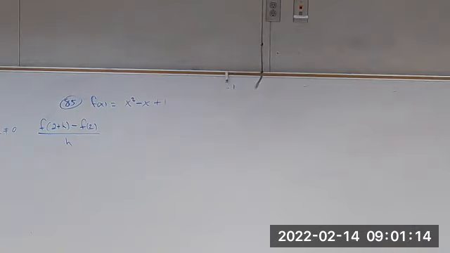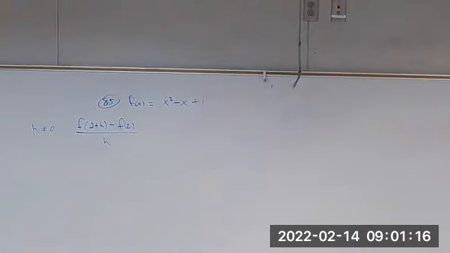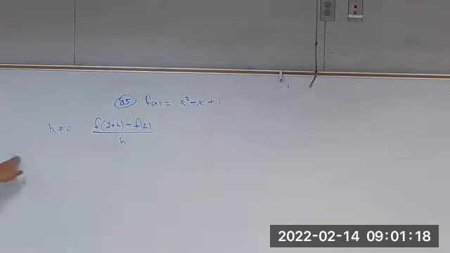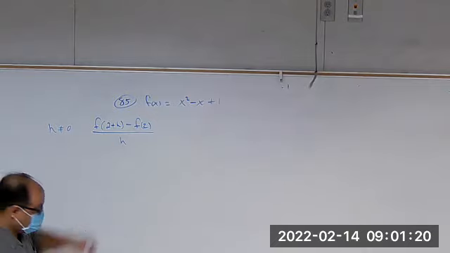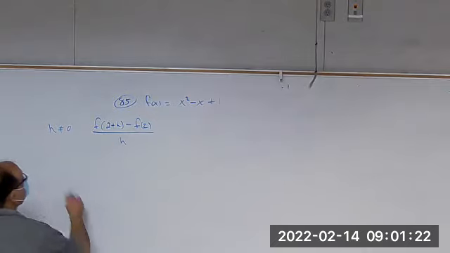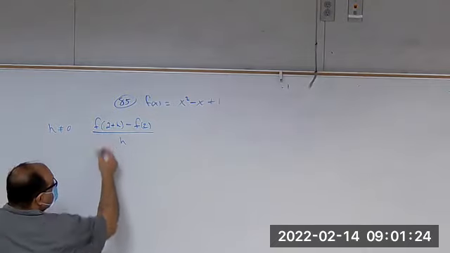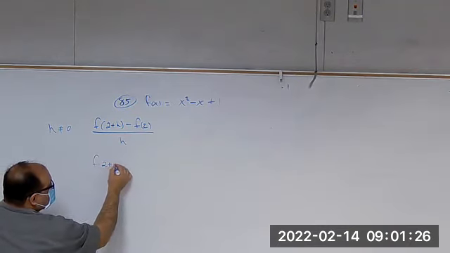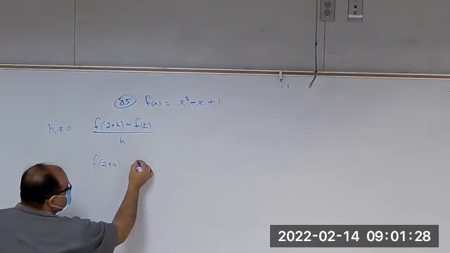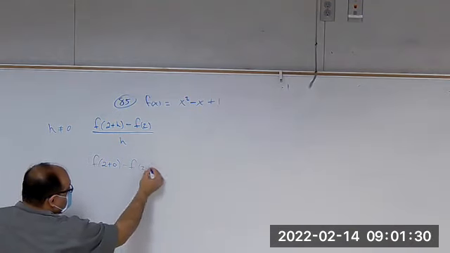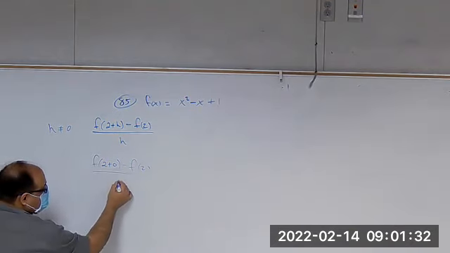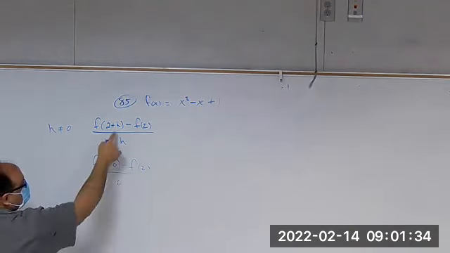As you can see, they do put the condition on there. H cannot equal 0 because if it does, look what you get. If you let h equal 0, 2 plus 0 minus f of 2, all over h, which would be 0 if I plug 0 in.